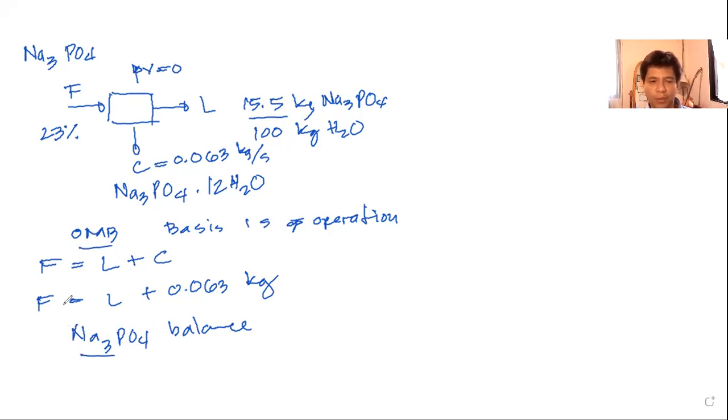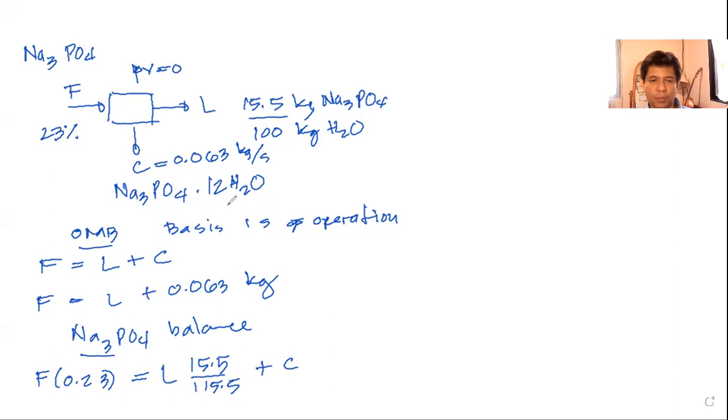As long as dalawa lamang yung unknown, you can solve the two unknowns, kahit ano pa yung given. So sodium phosphate balance is just F times 0.23. Tapos L, alam niyo na naman to, multiply niyo ng 15.5 divided by 115.5. Alam niyo na naman yung reason behind that.